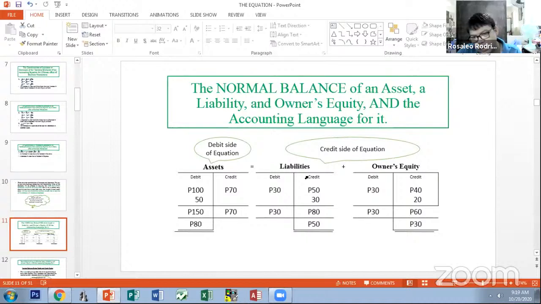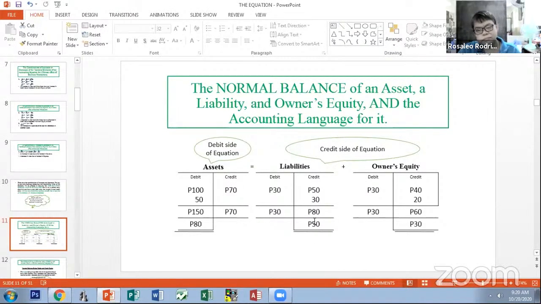Now let's go to the other side of the equation. We have liabilities. Liabilities is on the credit side of the equation. So being on the credit side, increases in liabilities should be recognized and recorded as credit. So in the transaction, if we have determined that there is an increase in a liability, that particular liability and the corresponding amount should be recognized with regards to its effect on the equation as credit.